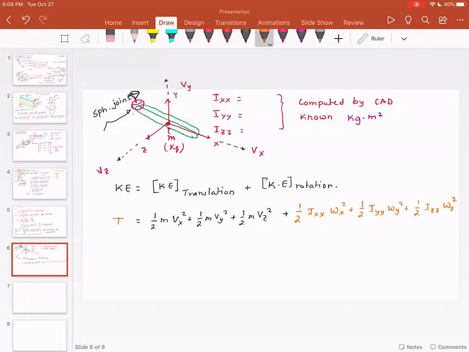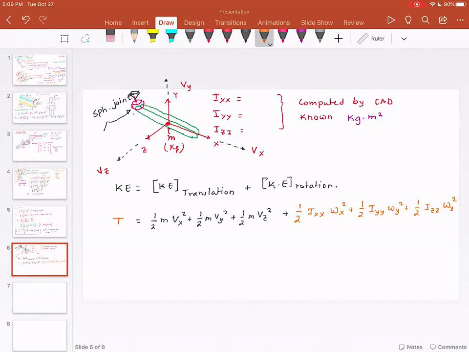Please note, this is a three-dimensional equation. Vx, Vy, Vz represent the translational motion about x, y, and z, and omega x, omega y, and omega z are the rotational motion about x, y, and z.